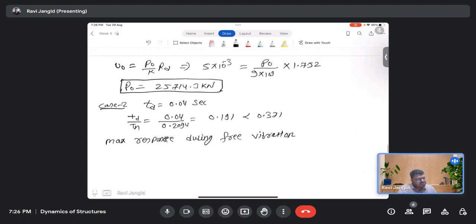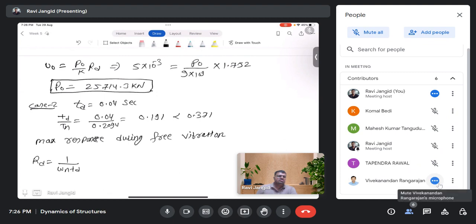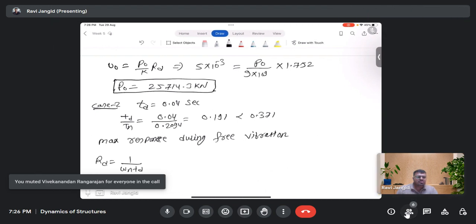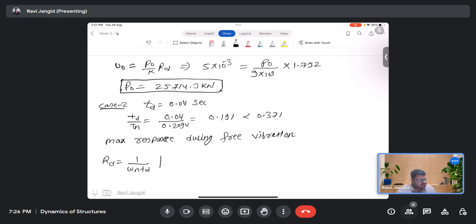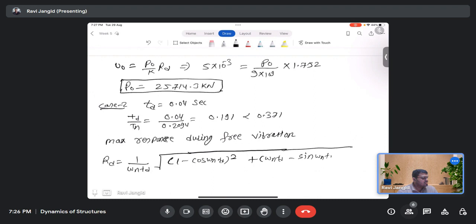For free vibration, RD is 1 over omega n TD, into the square root of (1 minus cos omega n TD) squared plus (omega n TD minus sine omega n TD) squared.